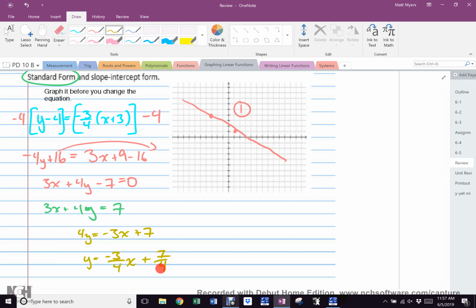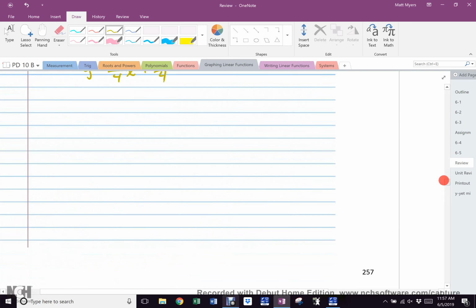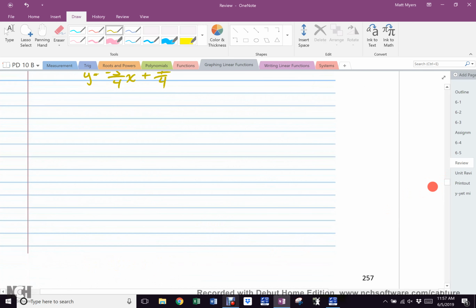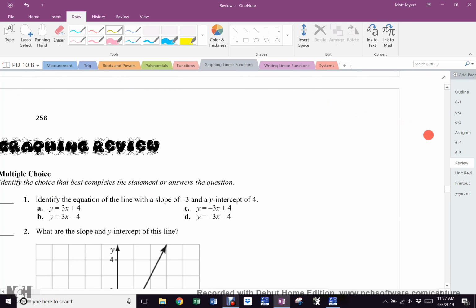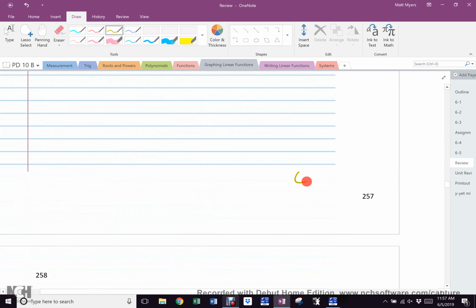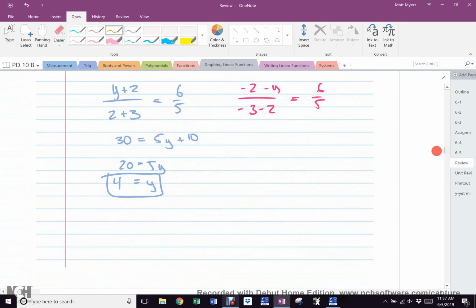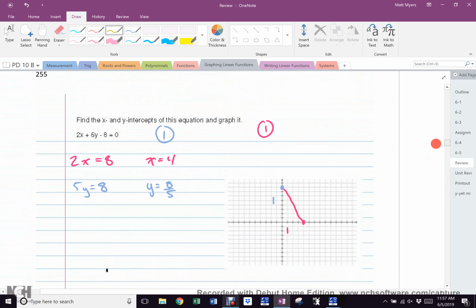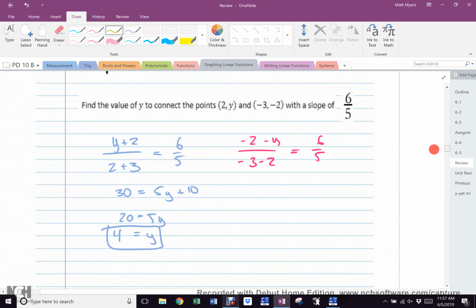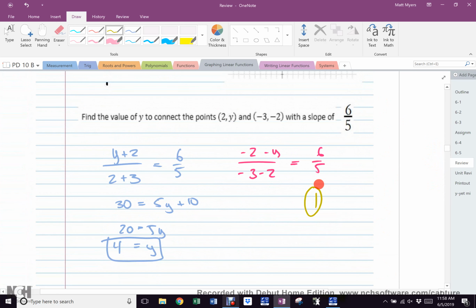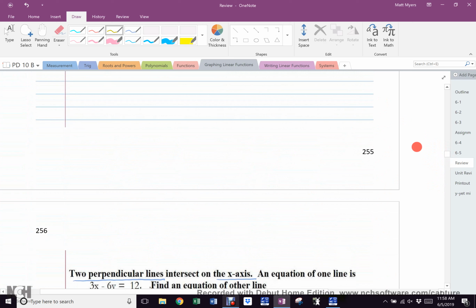Everybody good? That's out of 4 marks total. 3 for your algebra, 1 for your graph. Making that out of 4 on that page. Making the whole shebang out of 4 and 8 is 12. And 2, that was worth 1 because you only had to do one thing there, so that page is worth 3.